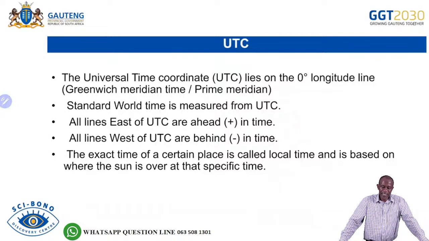It lies on the 0 degrees longitude line, and you may simply call it the 0 degrees longitude. Another name for the UTC, or Universal Time Coordinate, is the Greenwich Meridian Time, or you may simply call it the Prime Meridian.